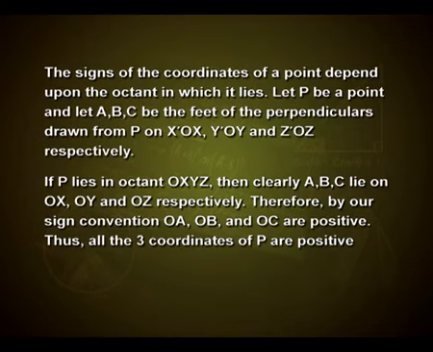If P lies in octant OXYZ, then clearly A, B, C lie on OX, OY and OZ respectively. Therefore, by our sign convention, OA, OB and OC are positive. Thus, all three coordinates of P are positive.